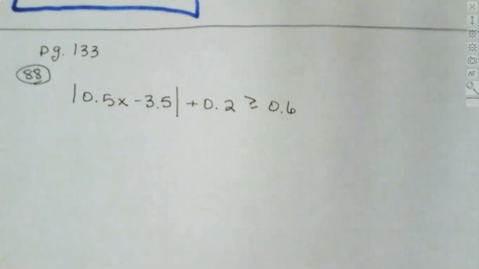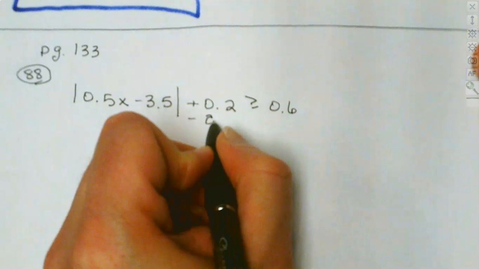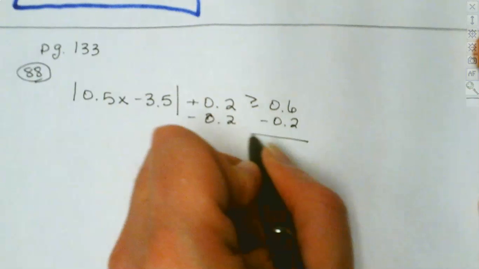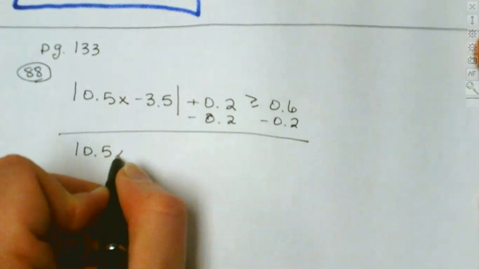Now, what do we do first? Well, before we can make up our equations, what must be done? Can someone tell me what we must do first? Yep. Because that absolute value must be by itself alone on the left. So move that 0.2 over. Everything else stays the same.